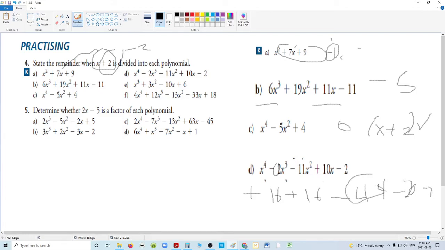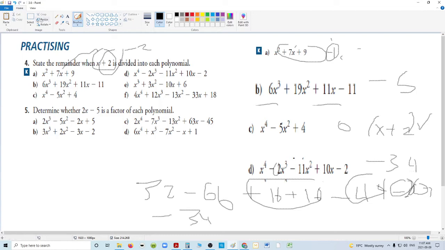So minus 44 minus 20 minus 2 is minus 66, and 32. So I got 32 minus 66. So that gives me minus 34. So I'm going to say for this one, the remainder is minus 34. Might have made a mistake on that one because that was pretty rushed.